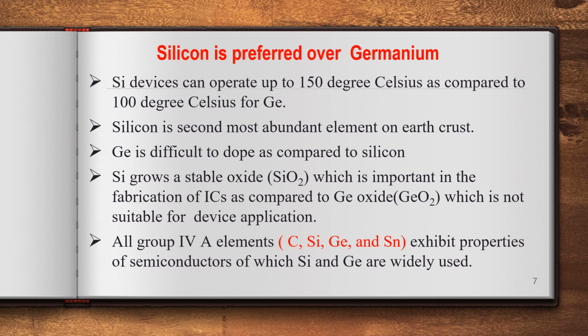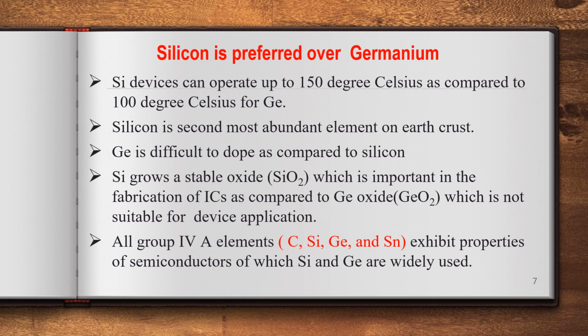All the group 4A elements such as carbon, silicon, germanium, and tin (tin's Latin name is stannum) exhibit properties of semiconductors. Among all these, silicon and germanium are widely used for the fabrication of integrated circuits. If we add donor impurities or pentavalent atoms such as group 5A elements like antimony, phosphorus, and arsenic, then the pure semiconductor will become an extrinsic semiconductor, and it is called an N-type semiconductor.